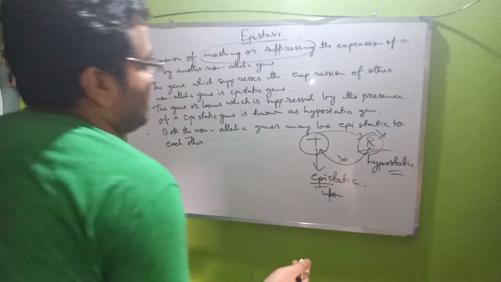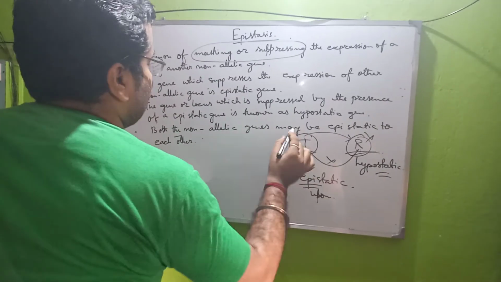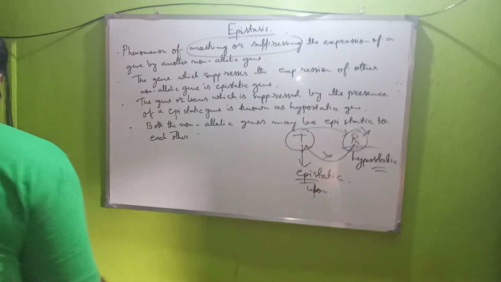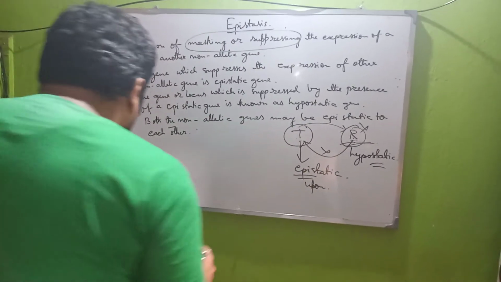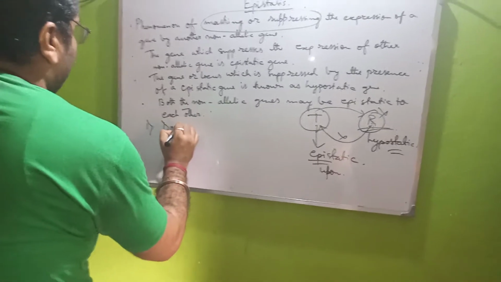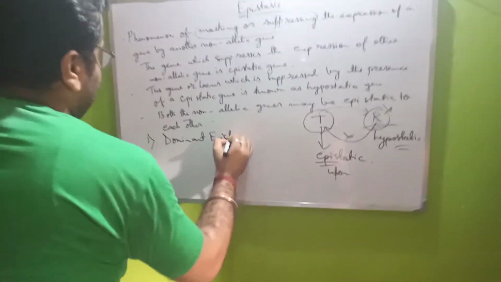So that is the thing: both the non-allelic genes may be epistatic to each other, meaning this is suppressing this one and this one is suppressing this one. And based on that, the number one is the dominant epistasis. Now what is dominant epistasis?